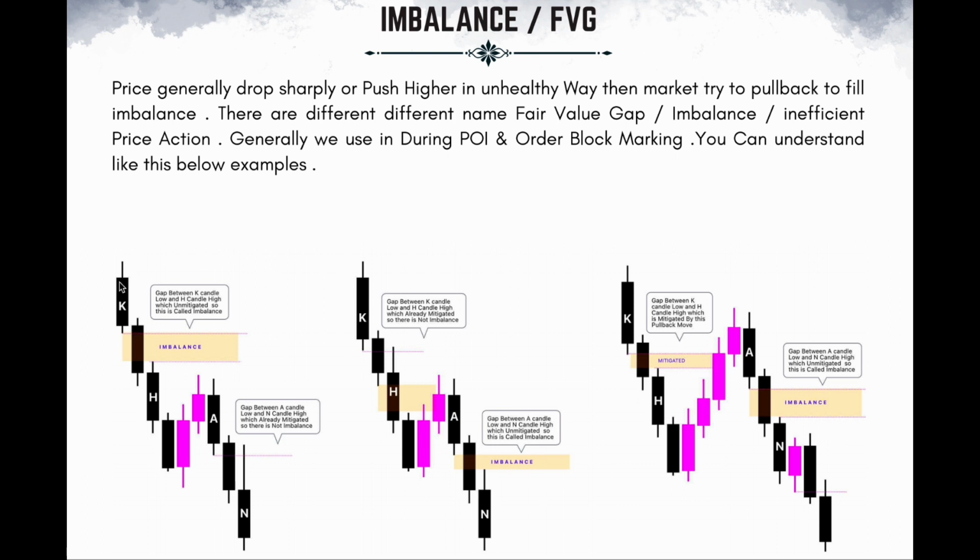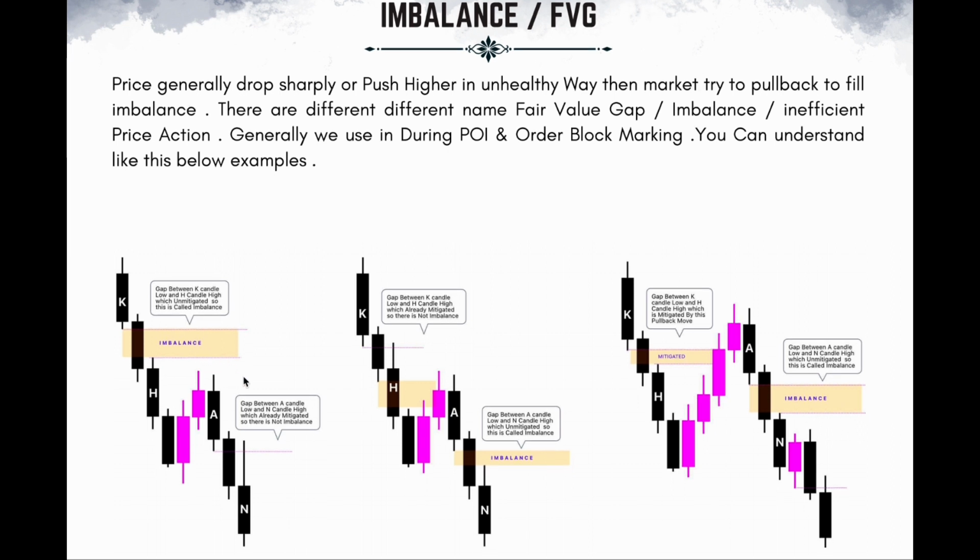This is between the first candle's low and the third candle's high. When there is a gap, this is the imbalance we call. And most importantly, when it is unmitigated, this is one of the zones that we can monitor as well.